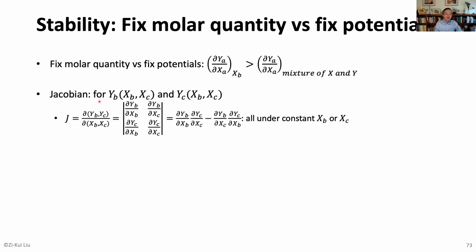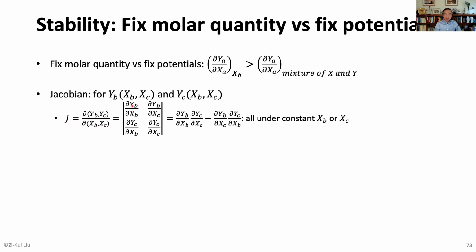Jacobian describes the relation between two functions, YB and YC, that are the two potentials we have in our case, as functions of XB and XC, because both of them are functions of XB and XC. We talk about having two molar quantities in the system and two potentials. We define the Jacobian matrix as the derivatives of the two functions with respect to the two variables.